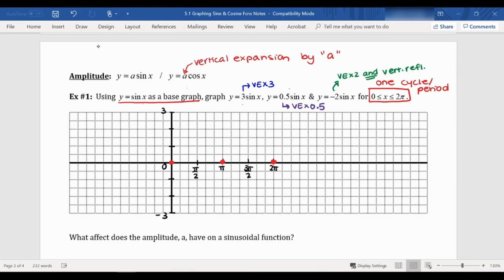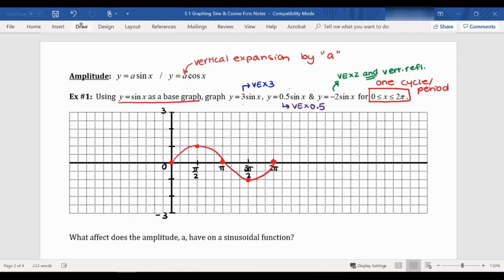My maximum is halfway between the first 2 points. My minimum is halfway between the next 2 points. And I know for a regular sine graph, my maximum is 1, my minimum is -1. So if I go halfway between the first 2 points, that's pi over 2, and my maximum is 1. Halfway between the next 2 points, my minimum is -1, and I can draw this in.